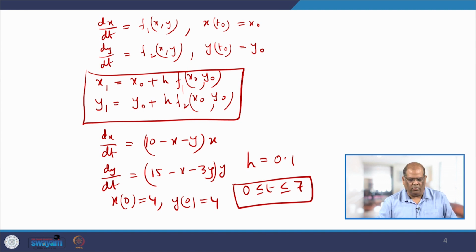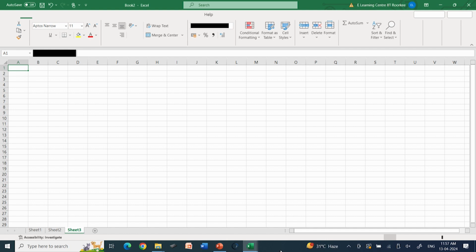So, let us solve this using Microsoft Excel. Let me rewrite the problem here. So, you have to solve dx/dt, which is equal to 10 minus x minus y, dy/dt is equal to 15 minus x minus 3y, your x0 equal to 4, your y0 equal to 4 and your t lies between 0 and 7, your h is 0.1.